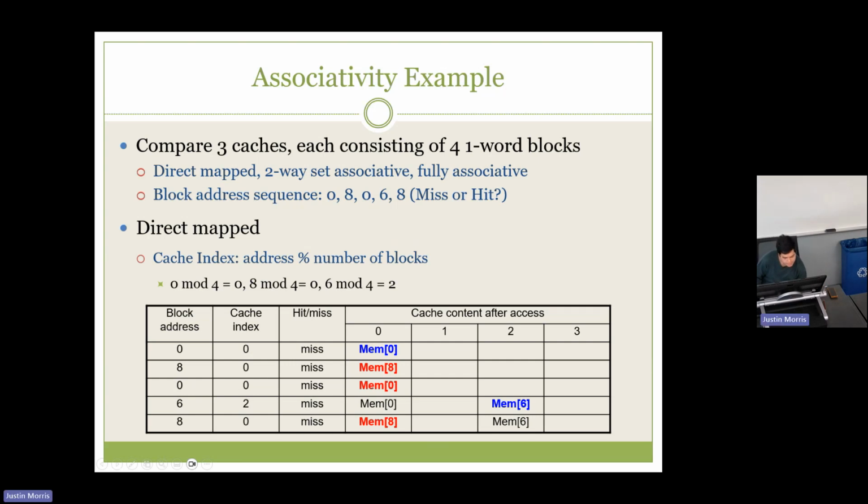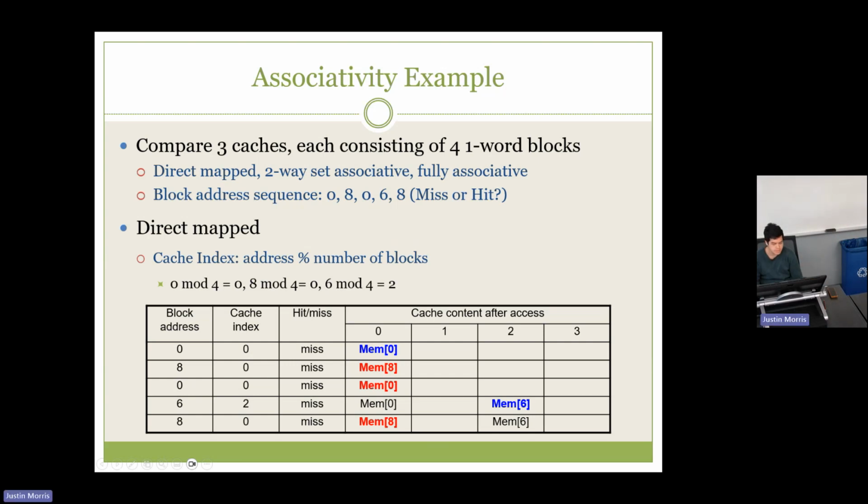Next access is 6. 6 mod 4 is 2. There's nothing there, so we have a miss, and we fill it in. We access 8 again. Cache index 0. Again, mismatch.